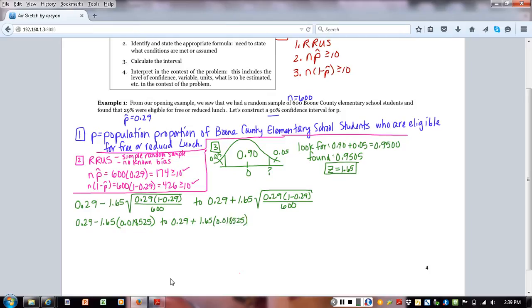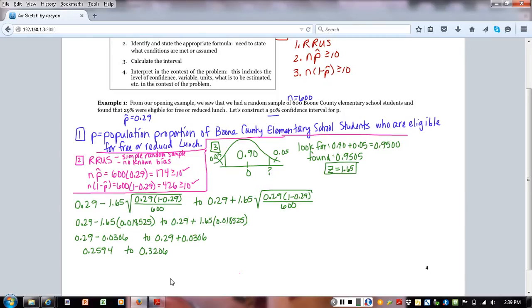Then I'm going to do my multiplication. And then finally my subtraction and my addition. So 0.2594 to 0.3206.